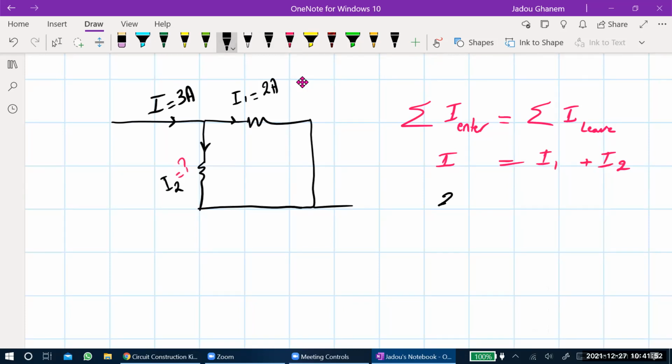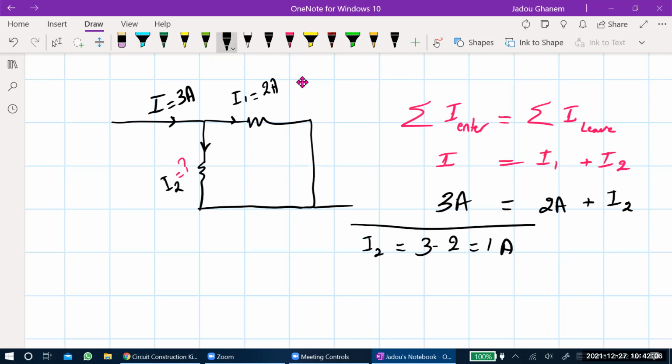It will be 3A equals 2A plus a question mark for I2. And now we can see that it's 3 minus 2 equals 1A. Did you get it? This is how we can find the value of the current using Kirchhoff's current law.